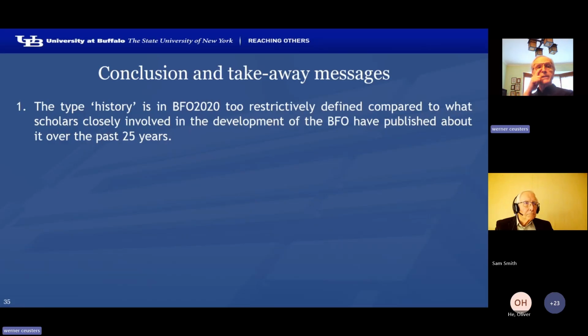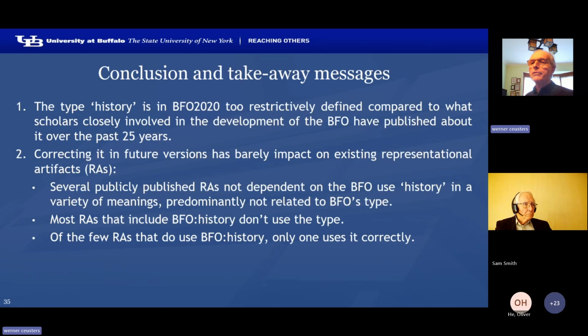So, conclusion and takeaway messages. The type history is in BFO 2020 too restrictively defined compared to what scholars closely involved in the development of the BFO have published about it over the past 25 years. Now, correcting it in future versions has barely any impact on existing representational artifacts. That is because not many use it, and the few that do use it wrongly.